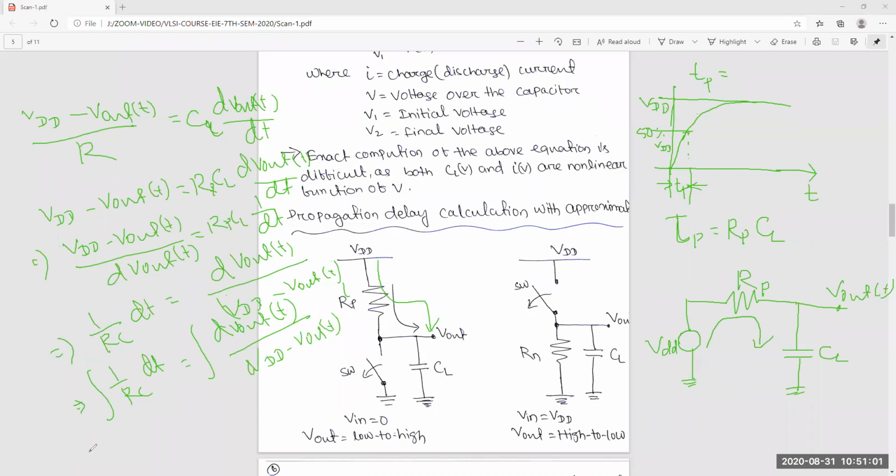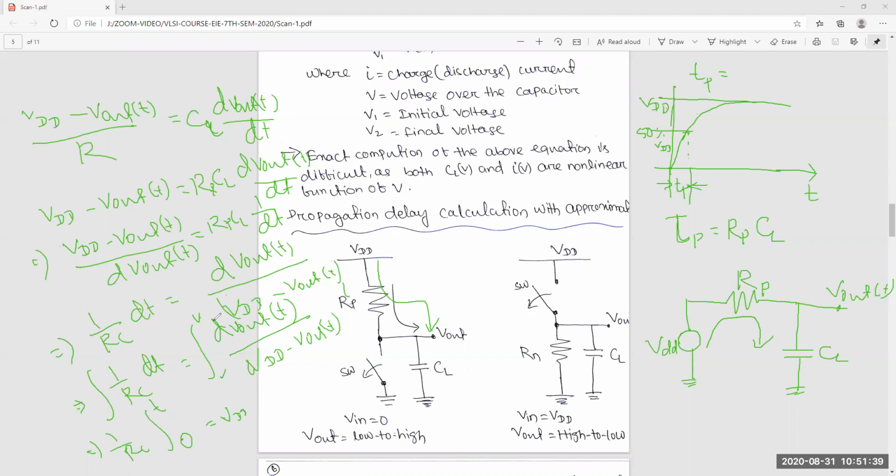Okay, so here 1 by RC, time is 0 to T, and for voltage you can put VDD here, and this is VDD by 2, because we need 50%. 50% means 50% of the supply voltage.